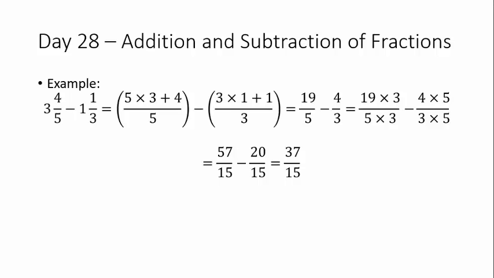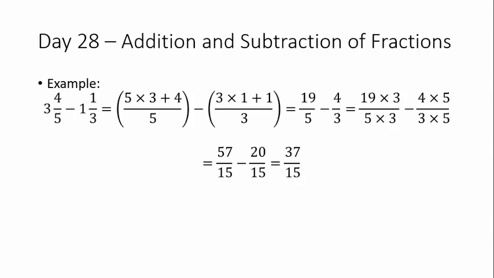I need to get a common denominator now. The least common multiple of 5 and 3 is 15. I need to multiply both fractions by numbers so that my denominators will now reach 15. The first fraction can be multiplied by 3 over 3. So 19 times 3 is 57. 5 times 3 is 15.